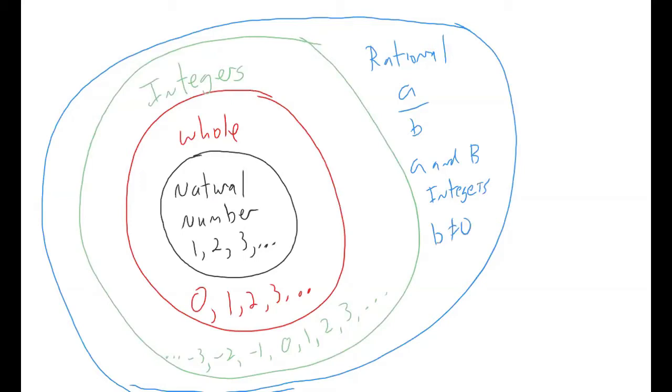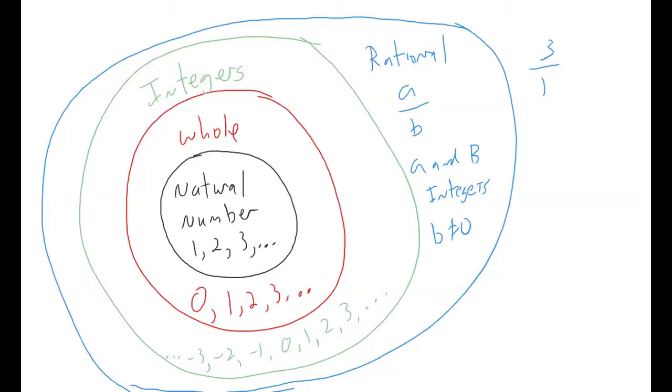So it means we have to put things into fraction form, right? Well, I can take a natural number, say 3, and if I put it over 1, it is still 3, but it also means it's in fraction form, so therefore it is a rational number as well.